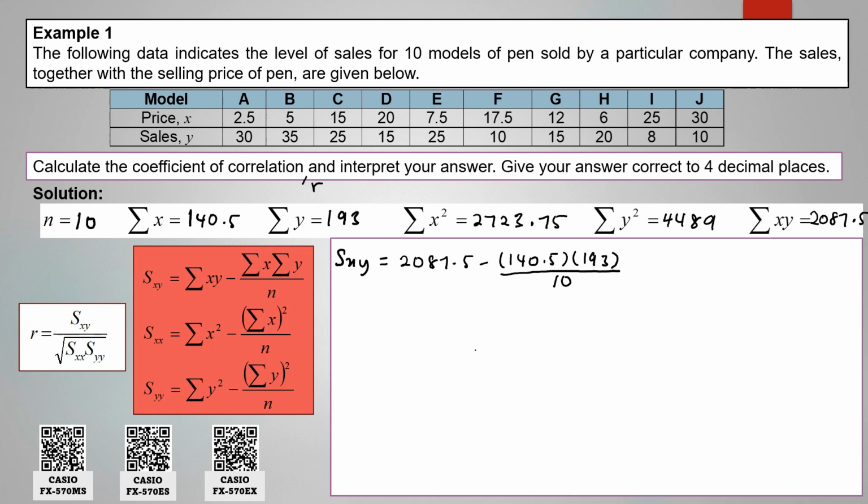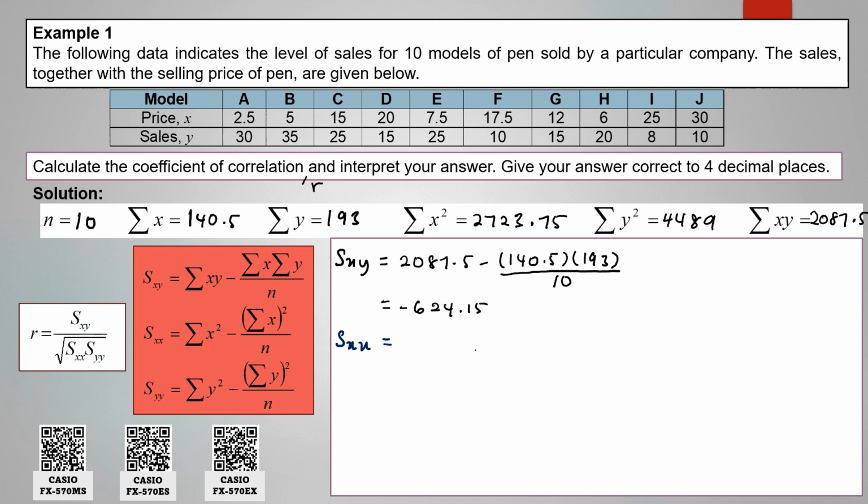Then just press your calculator. You will get your Sxy is equal to negative 624.15.